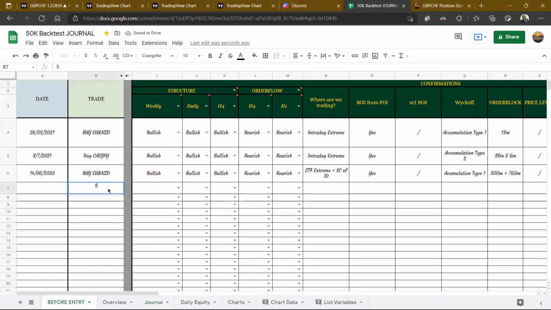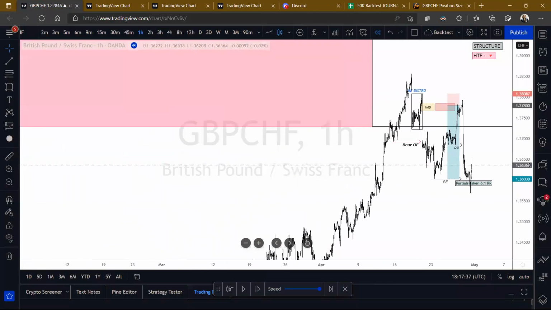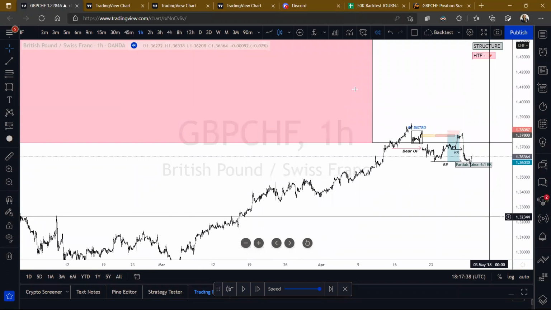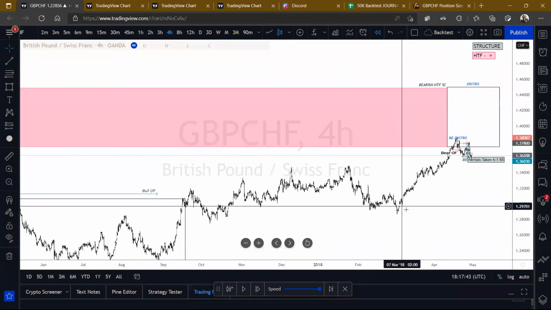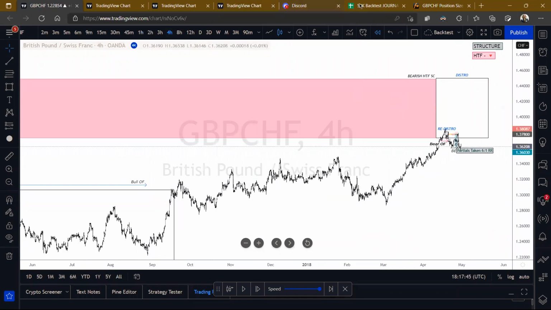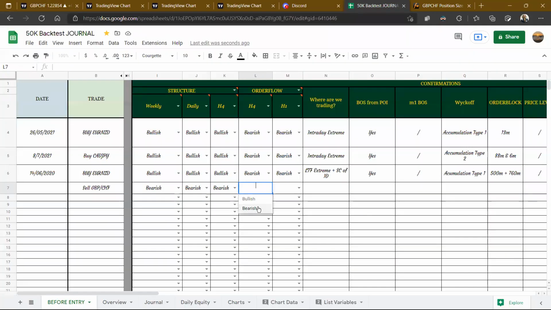Actually, let's do this one as well. So we are weekly. So high time frame we are bearish. Daily we are bearish. H4 we are bearish. Order flow on H4, I believe, we're bullish until this area here. So we're bullish and bullish.